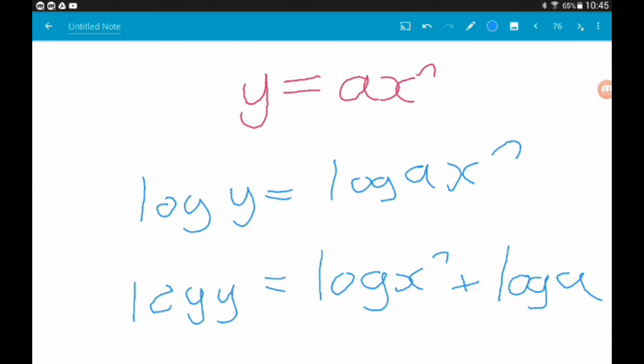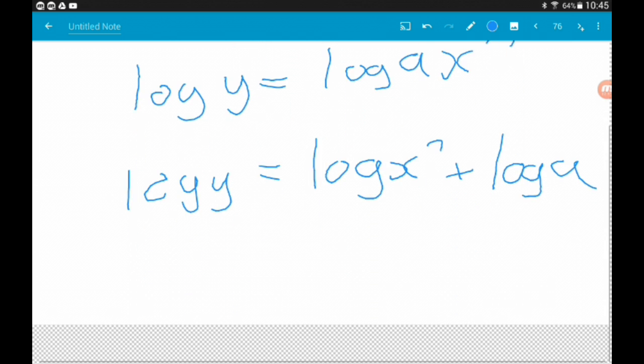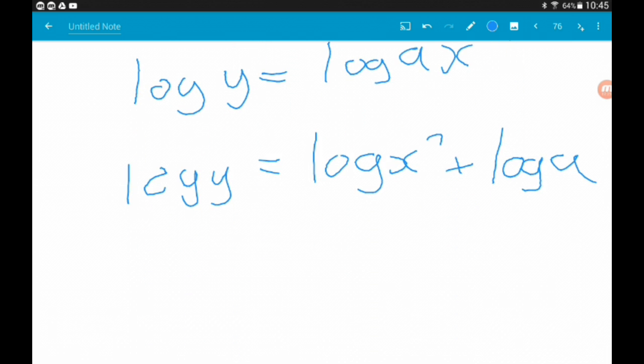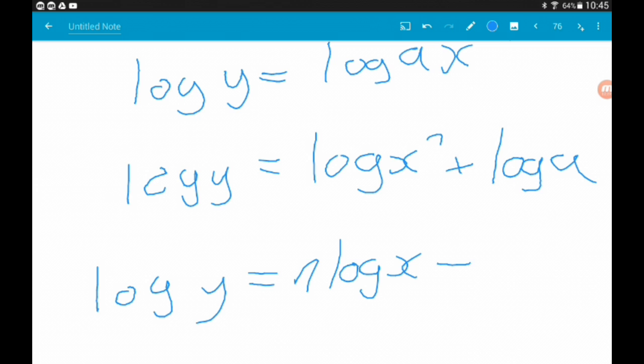Now, what we've got here, log of a is just going to be a constant term. Now, what we can do now also using the laws of logs is rewrite log of x to the n. So we get log y equals n log x plus log of a. Now, because everything is a log term, this is actually a straight line.